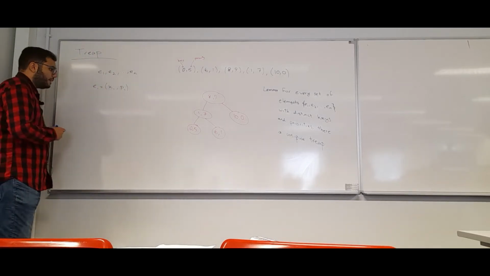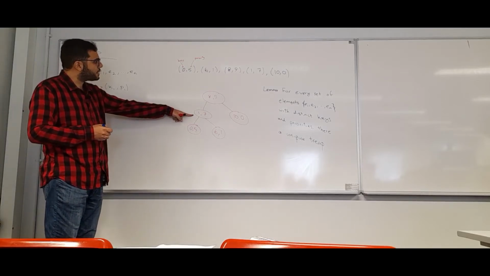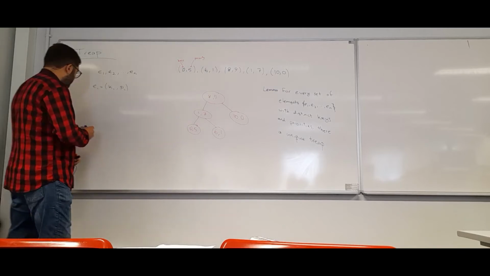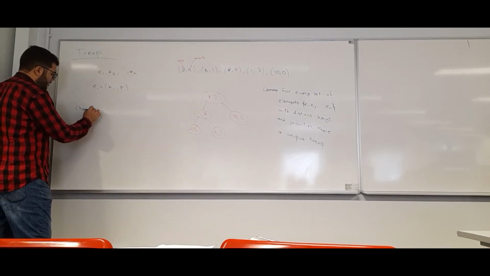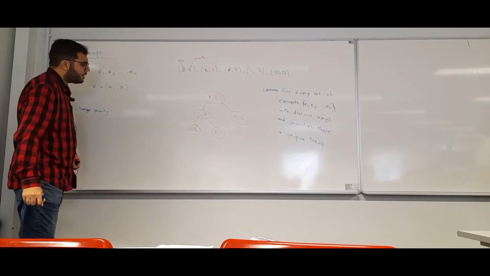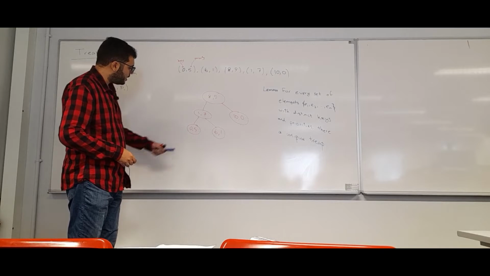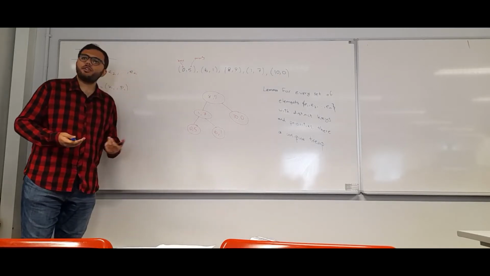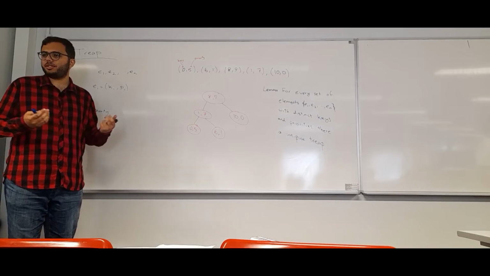So, if I just give you one node of your tree, and I ask you to change the priority, how would you do that? So, I want to have a change priority operation. So, for example, let's say I take this node, and I tell you that the priority was 5, I now want to increase the priority, maybe to 12, or I want to decrease it, maybe to 0.